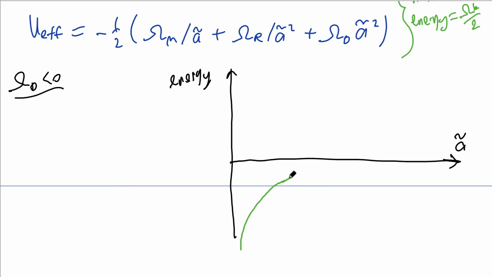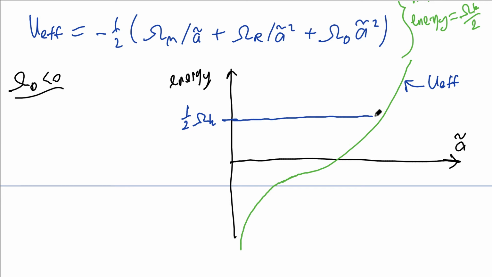So the effective potential looks like this. This is U effective. And remember, the total energy is 1/2 omega k. So, for example, if 1/2 omega k is positive, then the behavior is this effective particle moves from 0, reflects off the potential, and then comes back to 0.